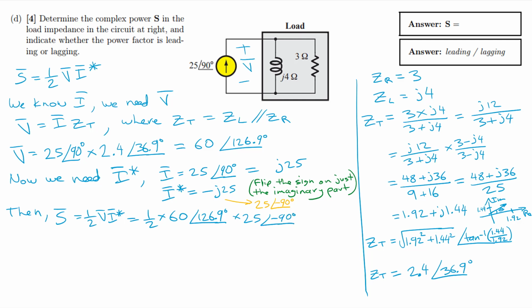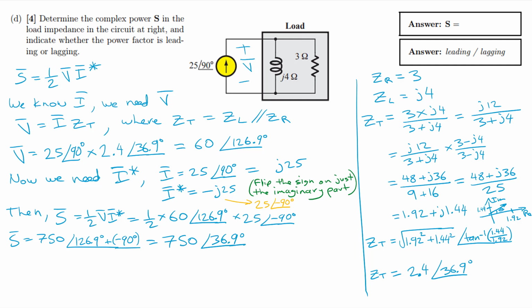Okay. And then when we go ahead and compute it, next step, multiply all those together, we have 750, which is multiplying all the magnitudes and the 1/2 as well. And then phase angles are 126.9 degrees plus minus 90 degrees, and that resolves itself to 750 with a phase angle of 36.9 degrees.